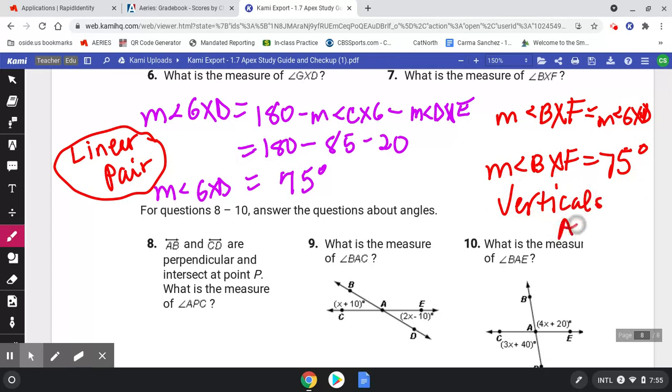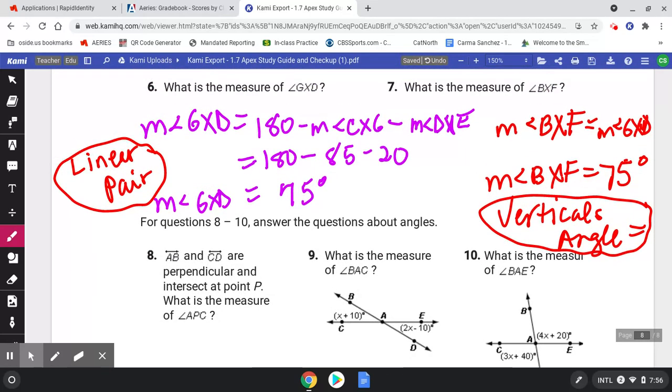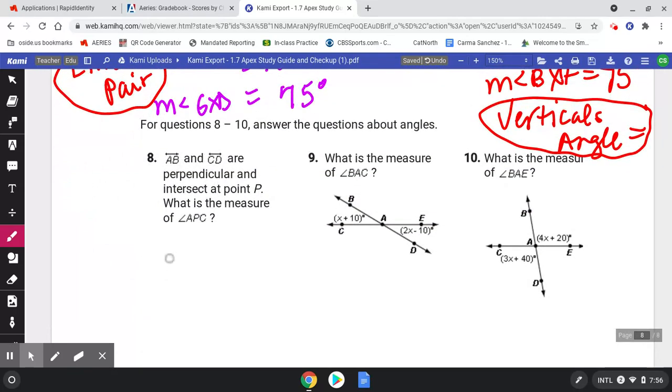You'll notice that on the APEX key, it does it with the 180 work for linear pair. And both of those answers would be acceptable, whichever way you saw it as easier. All right, here's our last three.